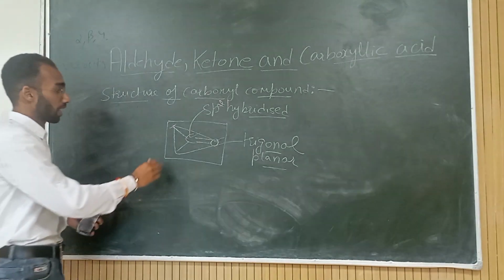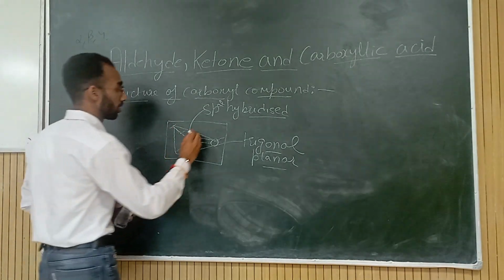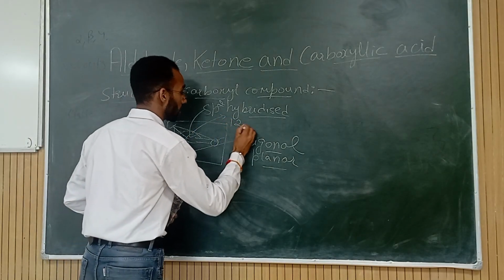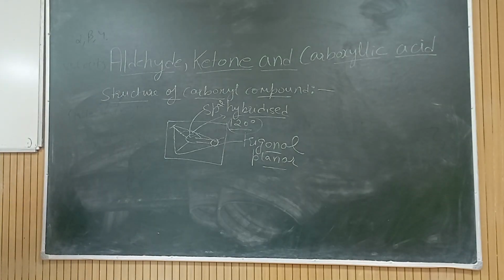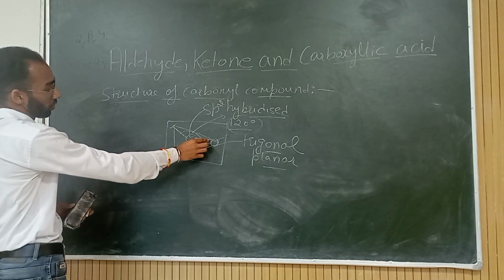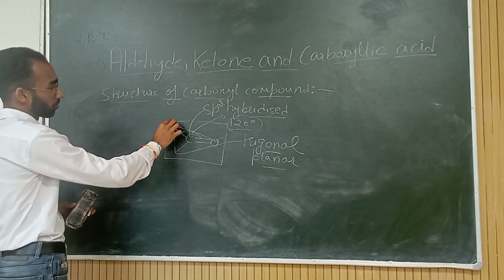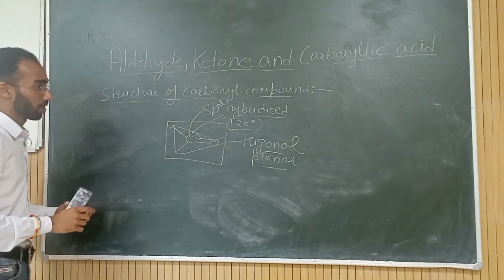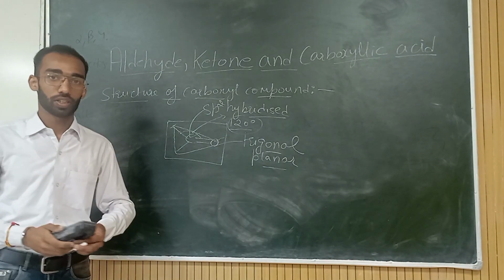That's why the angle between these bonds is 120 degrees. This is approximately equal to 120 degrees with respect to these two bonds, the carbonyl bond and the other bond between carbon and hydrogen or another carbon. So this is 120 degrees. This is all about the structure of the carbonyl compound.